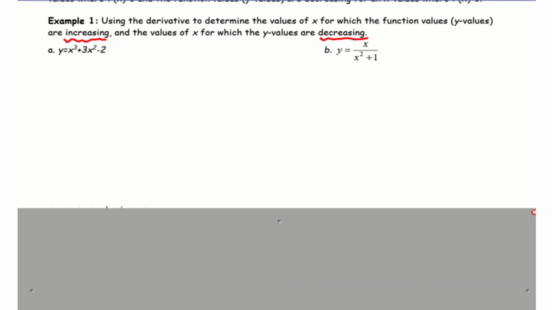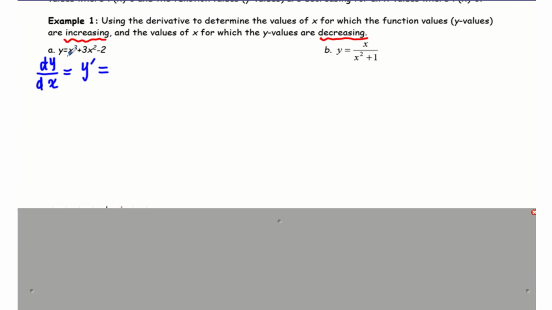In order to find the increasing and decreasing intervals, we need to find the first derivative. We are going to apply the derivative to polynomials in this lesson. In the future, you are going to find the derivative for rational functions, etc. So the first derivative will be dy over dx, or you could just write it as y prime.